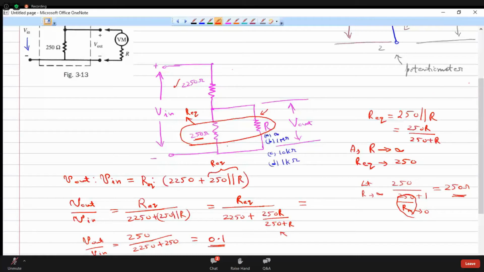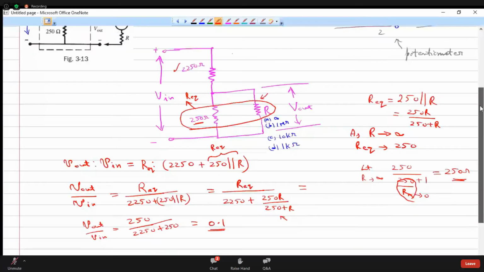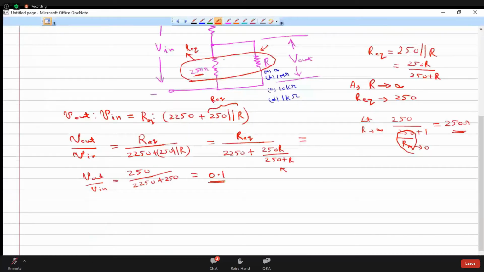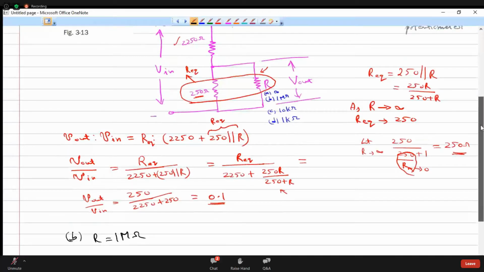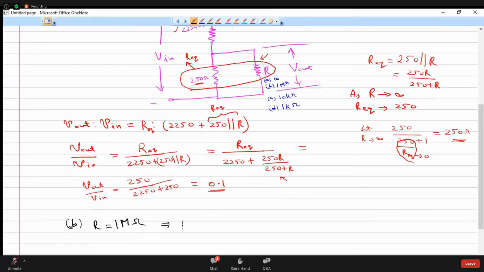Now coming to case 2, what is happening when R is equal to 1 mega ohm? R is equal to 1 mega ohm. What will happen? We'll have R equivalent equal to 250 parallel 1 mega.